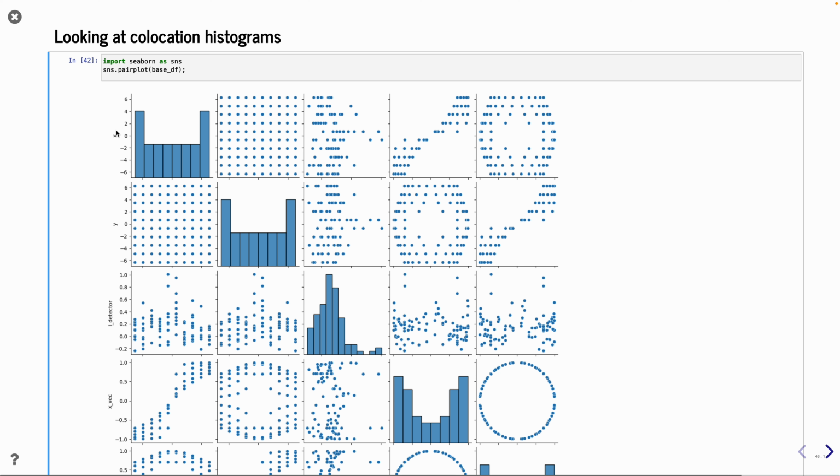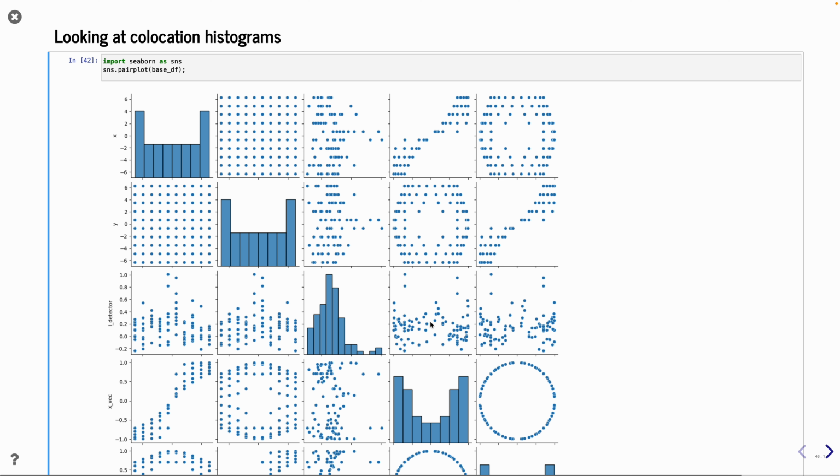So looking at the first two, they are quite obvious. It's just x versus y, so it's the coordinates, they cover the whole image. And then we have the detector intensity versus the dimensions, versus the positions. And then we have also the x vector and y vector versus the intensity.